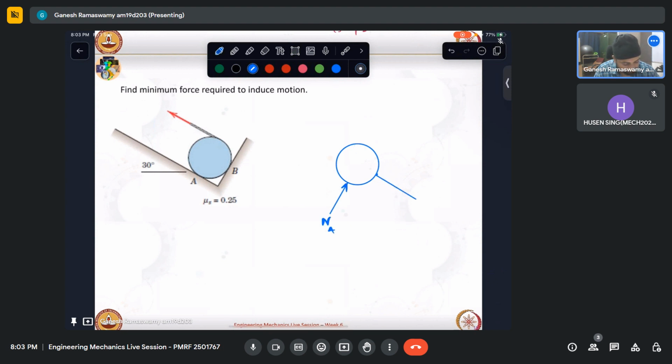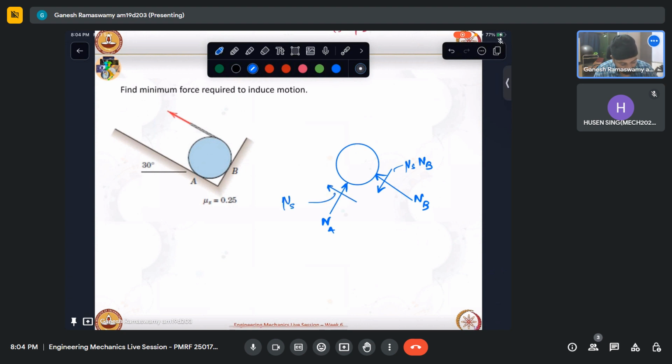Now, naturally, the effect of this force about its mass is to spin it like that. The motion is somewhat like that, so there will be sliding motion set up here in the opposite direction. So my frictional force here will be mu s NB in the limiting condition, and this force will be mu s NA in the limiting condition.